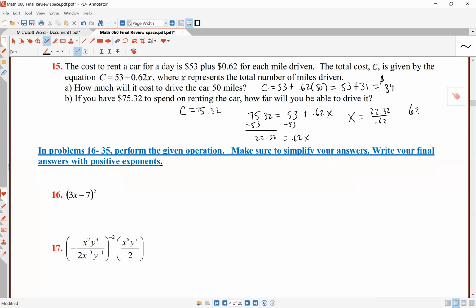So that's 62 into 22.32. So 36 miles will keep that cost at $75.32.